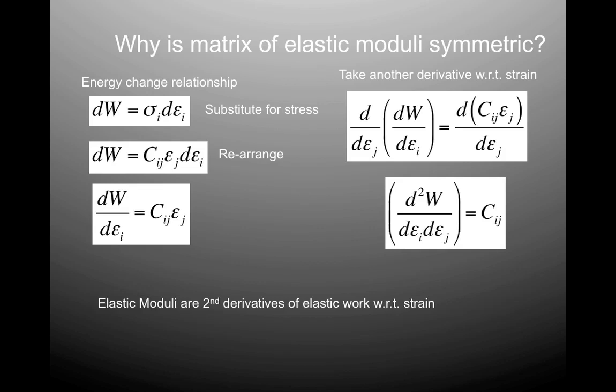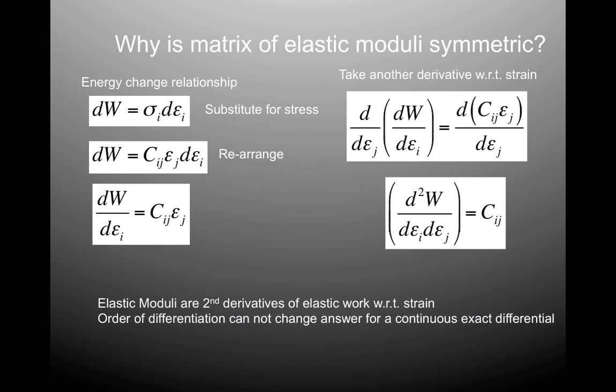So first observation is the elastic moduli are second derivatives of the elastic work with respect to strain. And since work, or energy, is an exact differential, the order of differentiation cannot change the answer. Thus, both stiffness Cij and compliance Sij must be symmetric in order for that equation to be true.